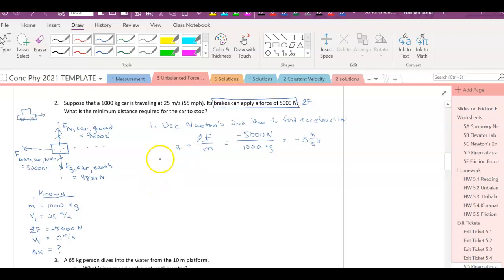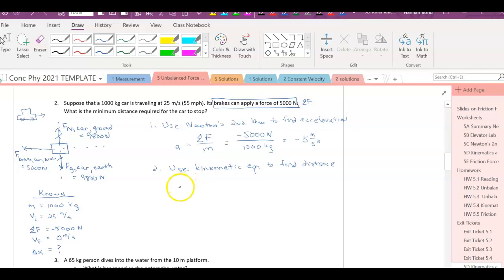Okay, now that I know the acceleration, I can use the kinematic equation to find the distance. And I need a kinematic equation that involves initial and final velocity, acceleration, and displacement.